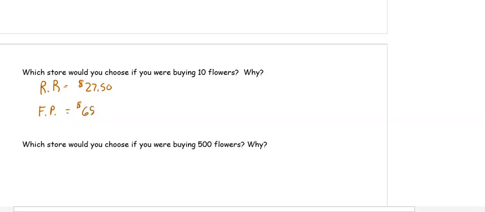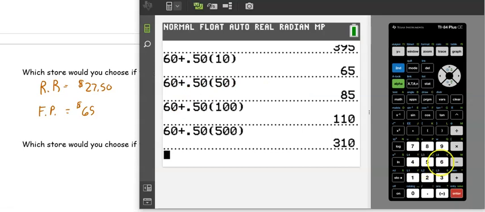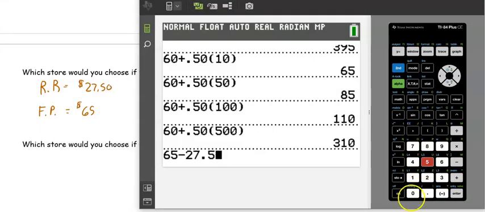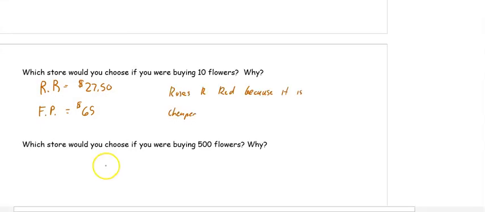So if we were trying to figure out which one is the better place to buy from, we would pick Roses Are Red because it is cheaper. And we want to know by how much it's cheaper. So we're going to take the higher cost and subtract the cheaper cost.